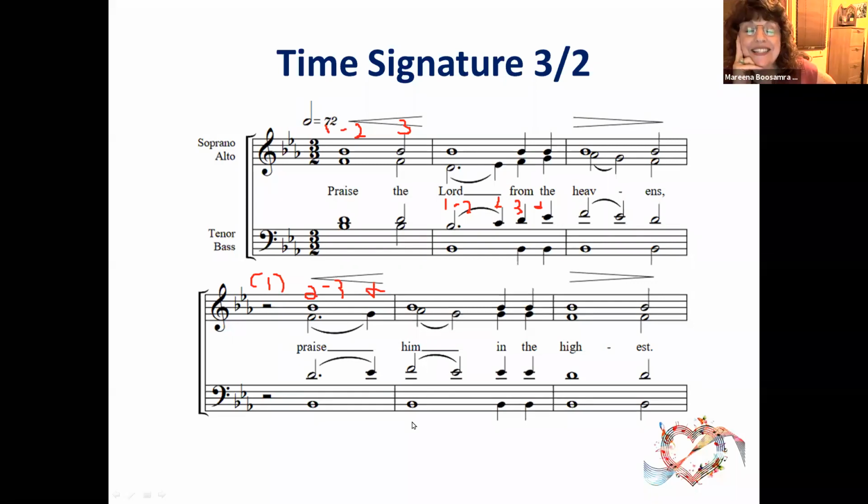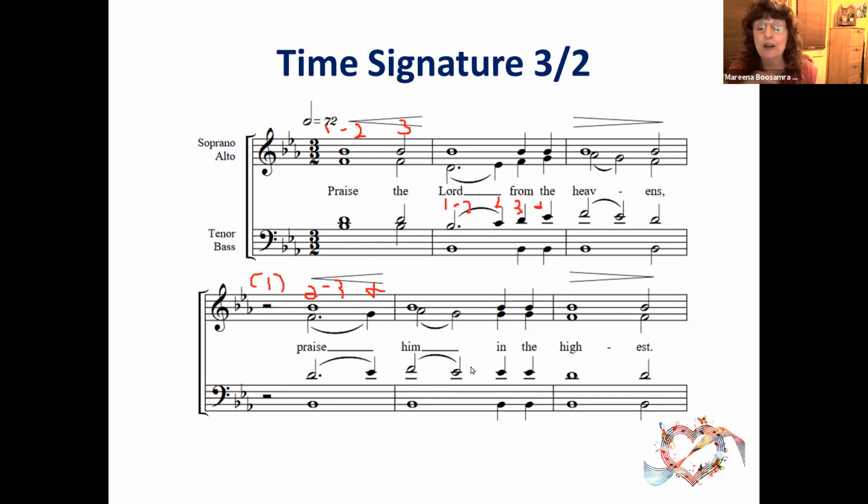Nancy, we actually sang this on Sunday at Holy Resurrection, and every time I pull this piece up, I go, count half notes, because you can see their eyes just kind of go, woo, I don't understand. So yeah, it's always a trick to get everybody out of 4/4 and into 3/2, where the half note's getting the beat.